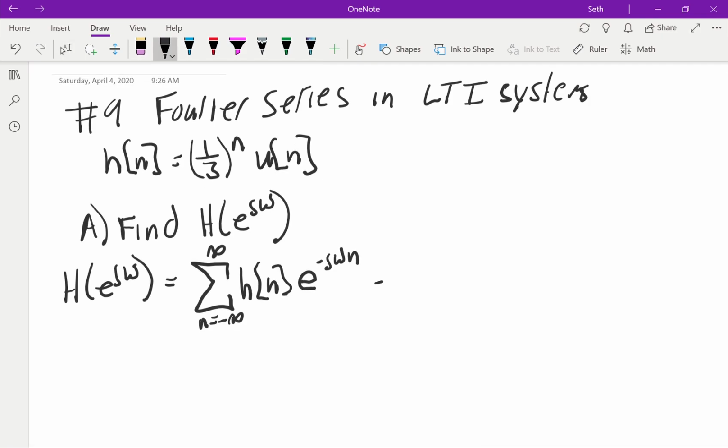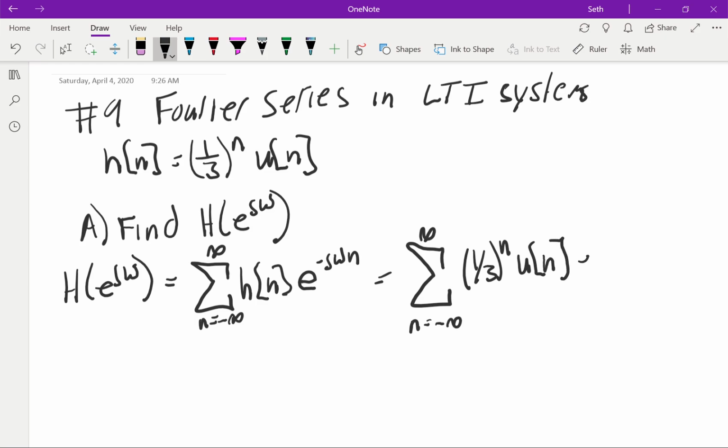So this is equal to the sum from minus infinity of 1/3 to the n times u of n times e to the minus j omega n.